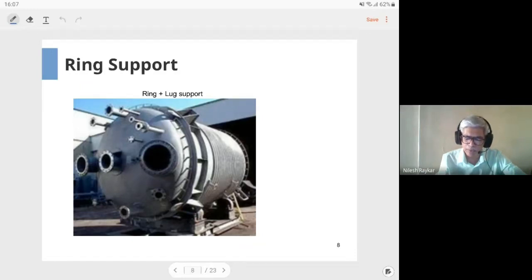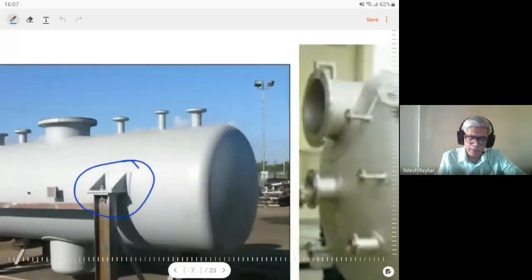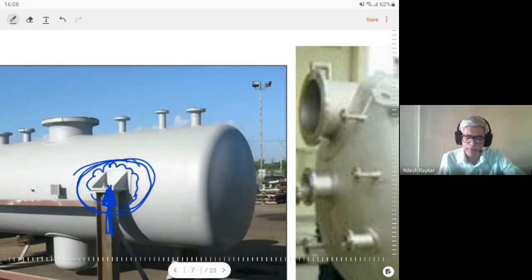And also, if you can see the previous picture, the bracket is attached to a small portion, and if a large reaction is acting at this particular point because of the equipment weight, high local stresses will be induced in this region. That poses a difficulty in designing these leg and lug supports because of the heavy concentration of load at a narrow region, and there they cannot be used.